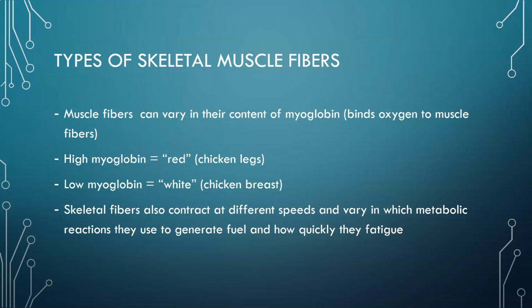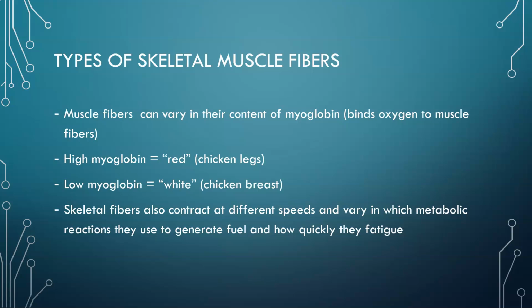Now, when we look at the percentage of myoglobin a particular muscle cell has, there are variations of stored myoglobin and therefore oxygen, depending on what that muscle is better at or what it's used for. And the prime example we see of high and low myoglobin is when we compare chicken legs to chicken breasts.